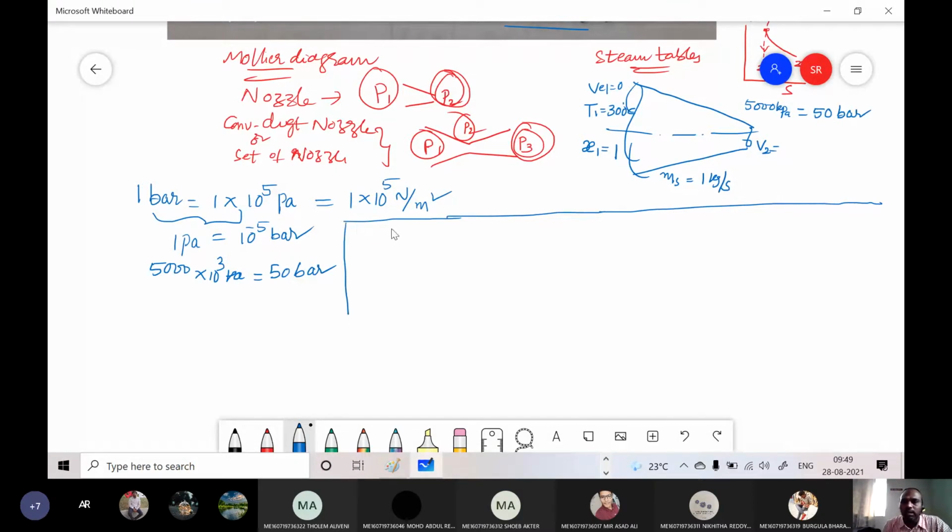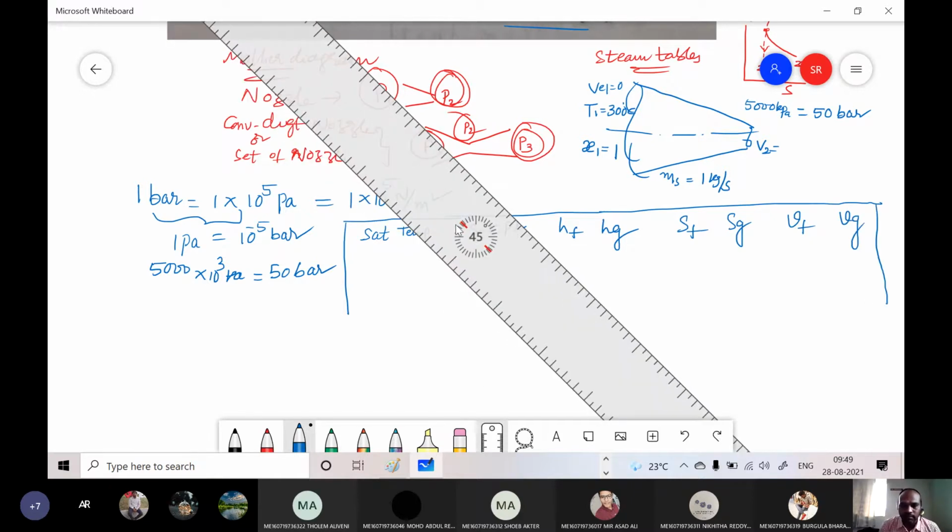Now for the inlet condition, first we take the saturation temperature, then saturation pressure, then enthalpy hf, hg, then entropy of fluid, entropy of gas, then specific volume of the fluid, specific volume of the gas.